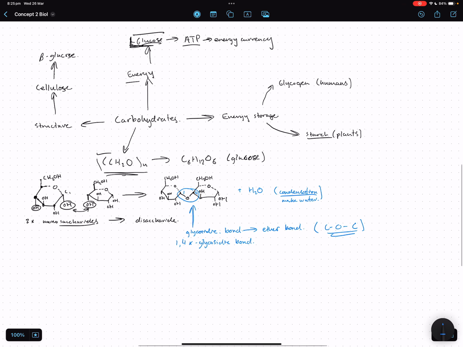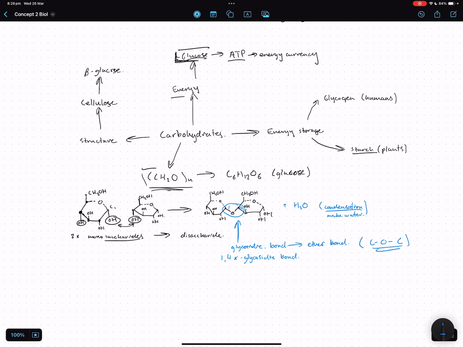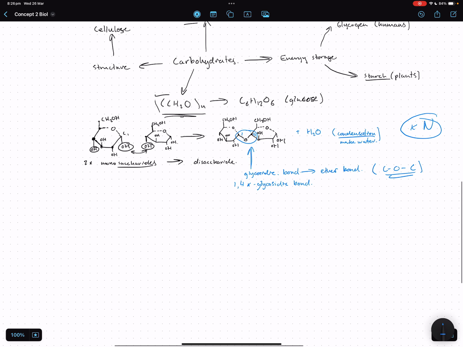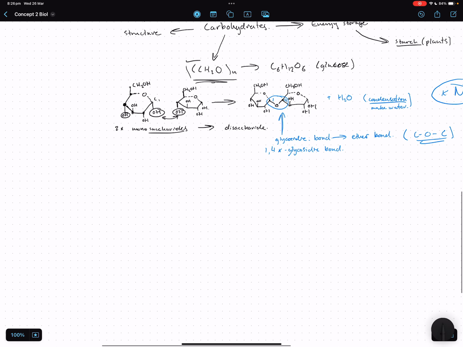Right. Yeah. So that's basically how carbohydrates function. They form polysaccharides. So polysaccharides are like starch and glycogen, made by just doing this times n, to the nth degree, and this is just a big chain. We'll talk about properties now of carbohydrates, because there are different types of carbohydrates.